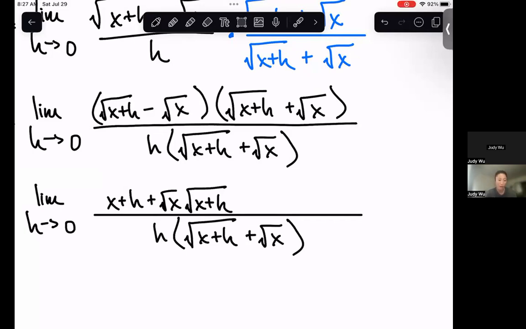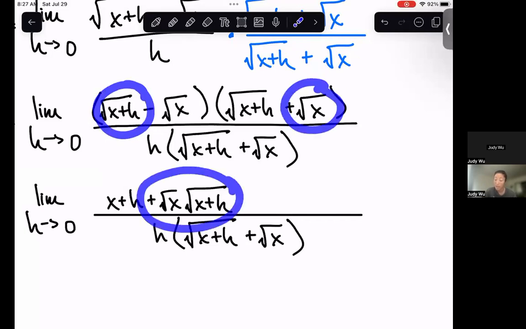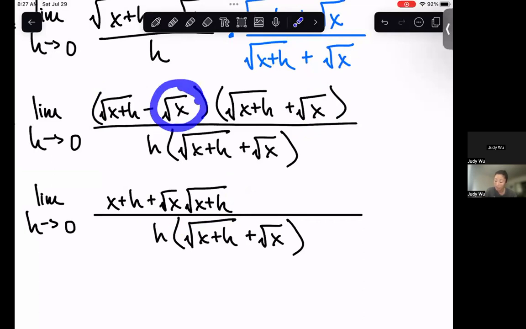And our brains start going off in a way that maybe isn't helpful for us, okay? So here's where I'm going to ask you to be a little patient with me. So we're taking the outer terms, we're multiplying them, we get this. Now let's take our inner terms and multiply them, and look at what we get. Negative square root of x plus h. Okay. Now we take our last terms, negative square root of x times positive square root of x gives me minus x.